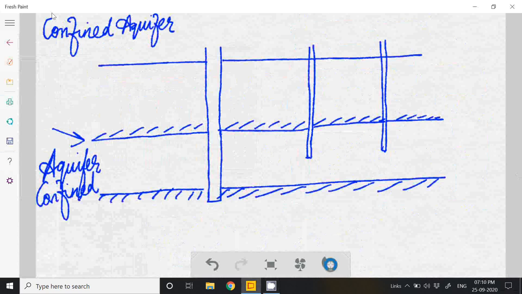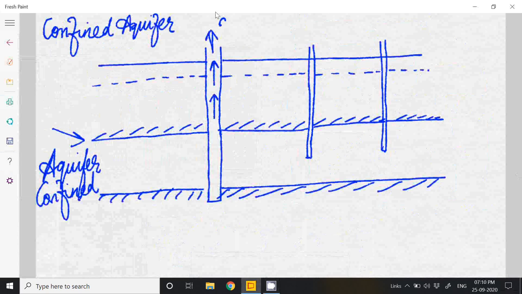Now suppose this is the initial water level, and after you pump the water out at a constant rate Q, the water level becomes like this.